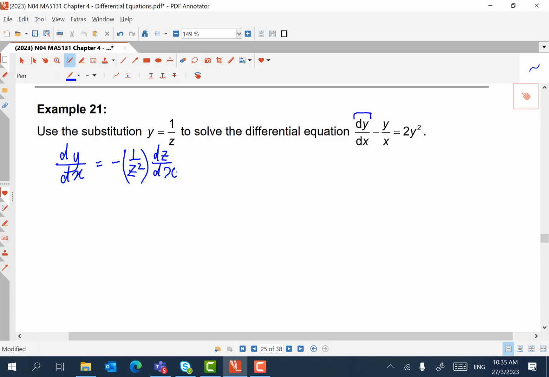Right. So if you differentiate the given substitution, you will get this. So now substitute into the DE.